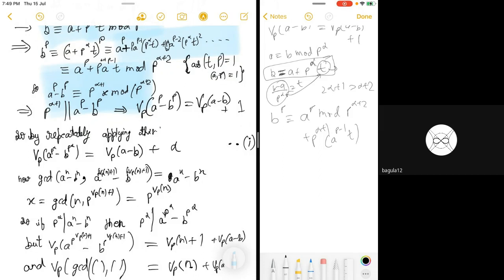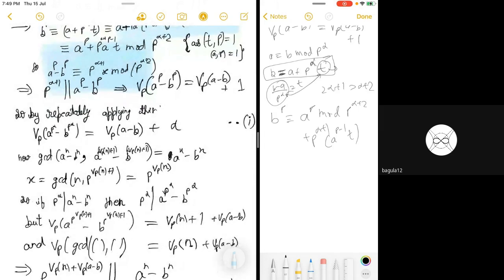So that just proves that Vp of A to the P minus B to the P is Vp of A minus B plus 1. Now just repeatedly apply this to get Vp of A to the P to the alpha minus B to the P to the alpha is Vp of A minus B plus alpha. So is this clear how we are repeatedly applying that?